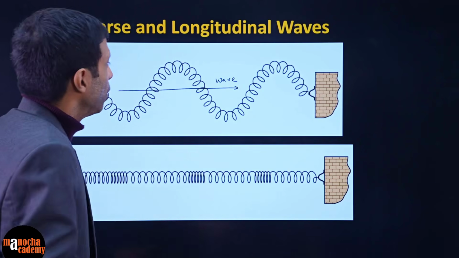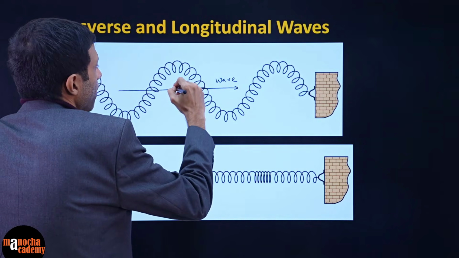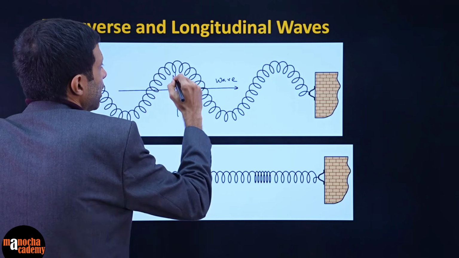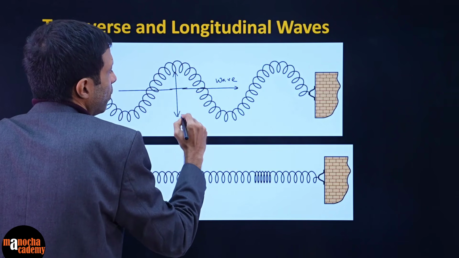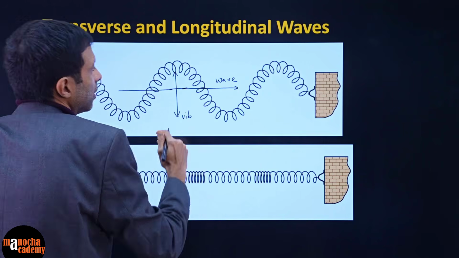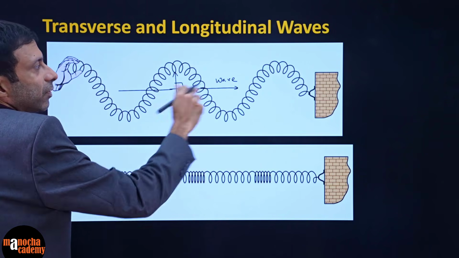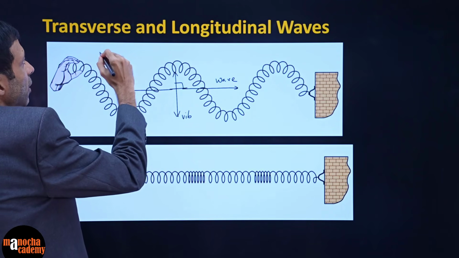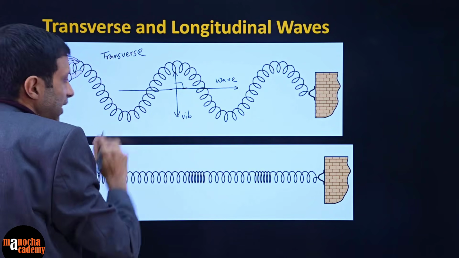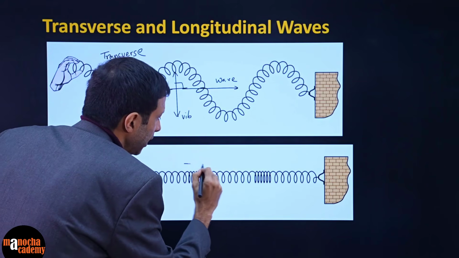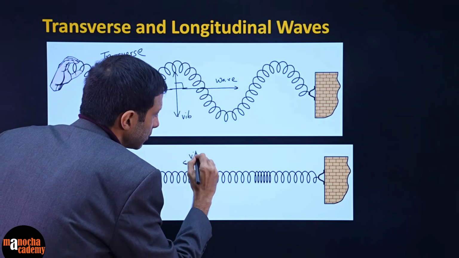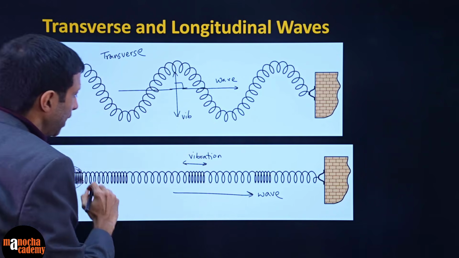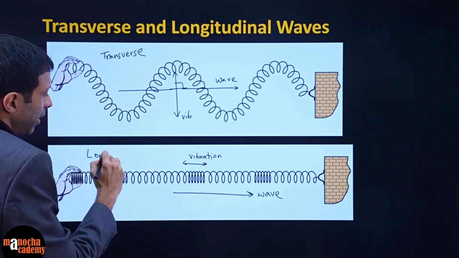So if you consider any particle, the movement of the particles is perpendicular to the direction of the wave. This type of wave is called a transverse wave. And the type of wave where the particle vibration and the wave direction are along the same line is called a longitudinal wave.